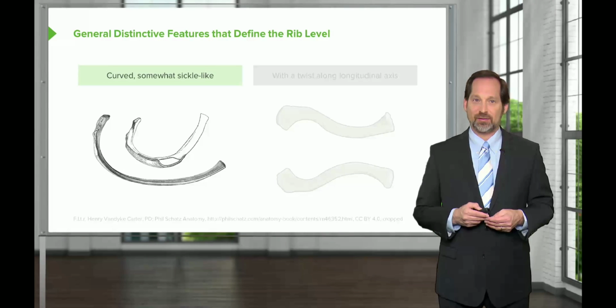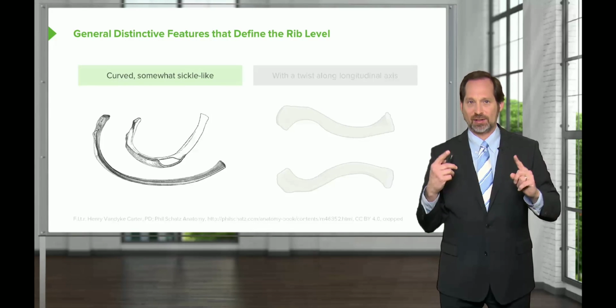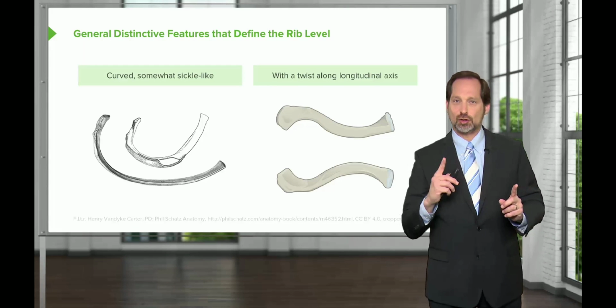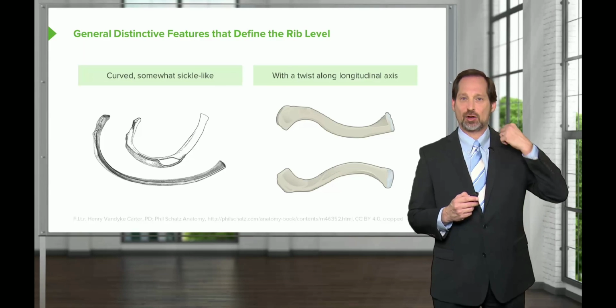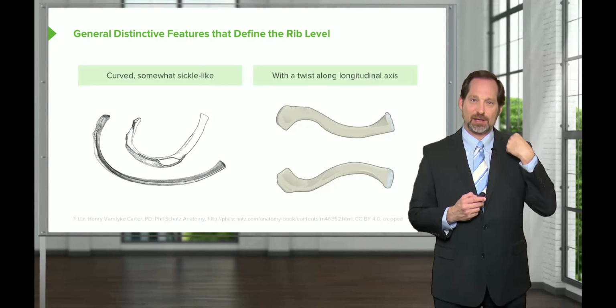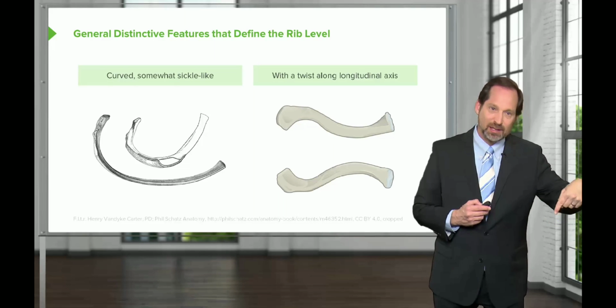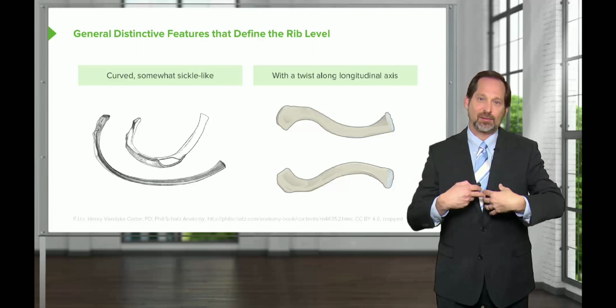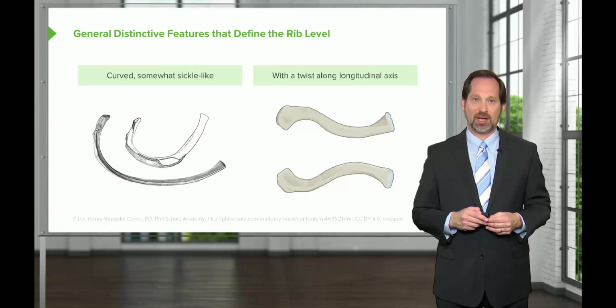When you look at the individual ribs, again, they're curved and somewhat sickle-like, and they twist along a longitudinal axis. So it's going to be attached in the back to the spine, and then from the spine to the transverse process, come down, and then up, not as high as it started, but it'll fuse in the front to form the rib cage.